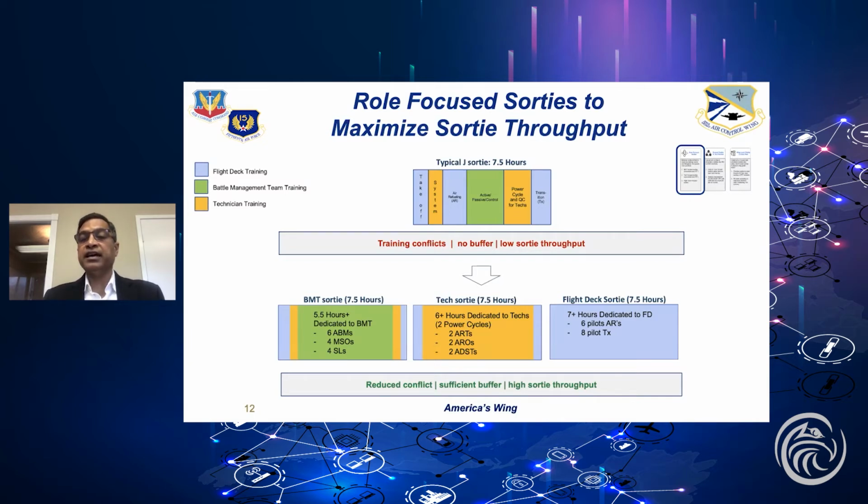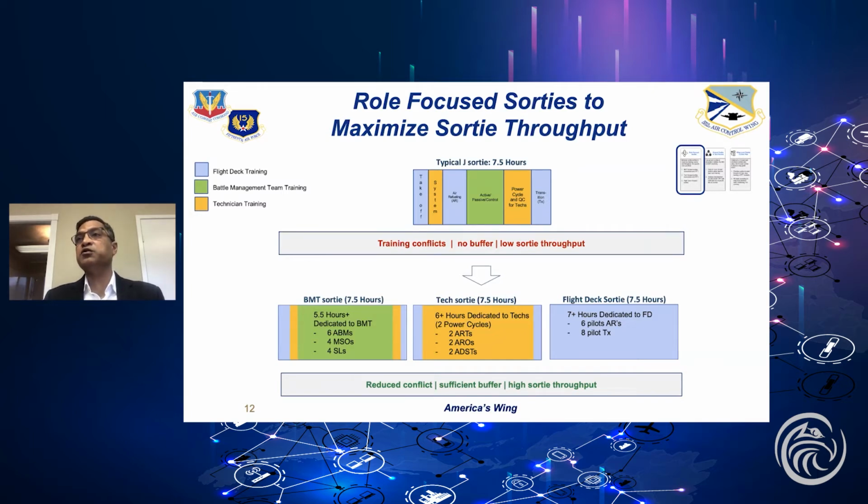By doing that, for each sortie we were able to reduce the conflicts. And even if some things go late or something doesn't go per plan, there was enough buffer. That actually resulted in a high-throughput sortie. They were able to get more sorties, more throughput or training events done using the same time. This is very counterintuitive, isn't it?